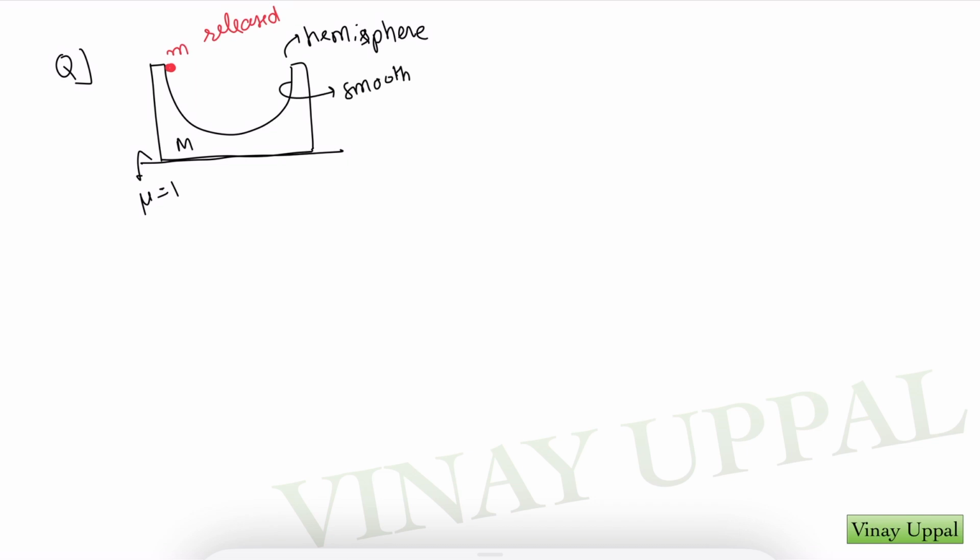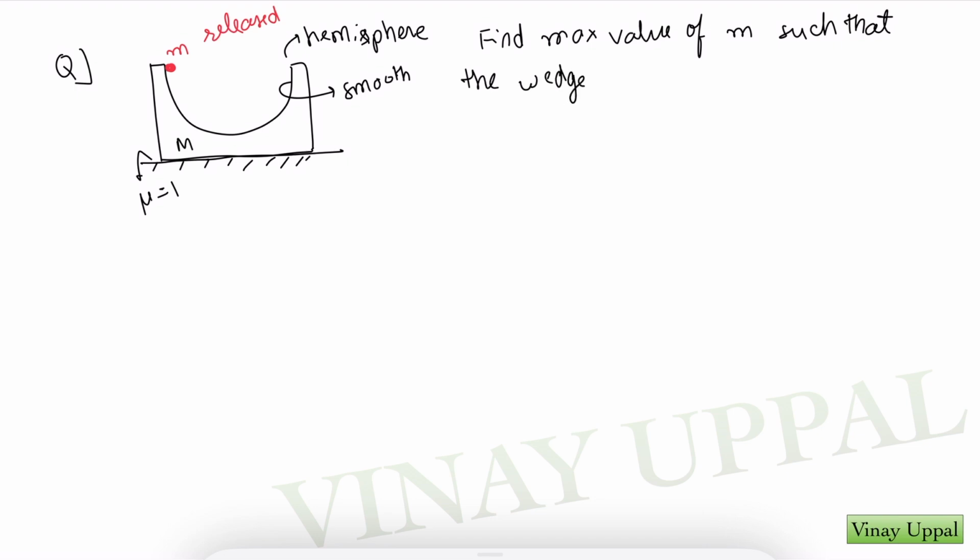The coefficient of friction is 1 between the floor and the wedge. The question is asking us, find the maximum possible value of the particle mass small m such that the wedge does not slip. Alright, so give it a try, then you can take a look at my solution.